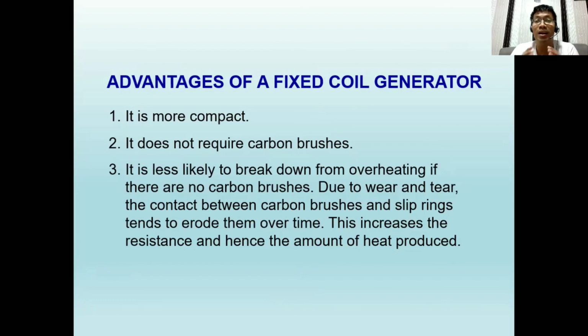Kung tatandaan ninyo, magka-connect ang split ring commutator and also the carbon brushes. And so, nagkakaroon lagi ng friction na nagiging sanhi ng eroding parts or pagkasira ng mga parts nito. And lastly, we can increase the resistance and so there will be less heat produced.